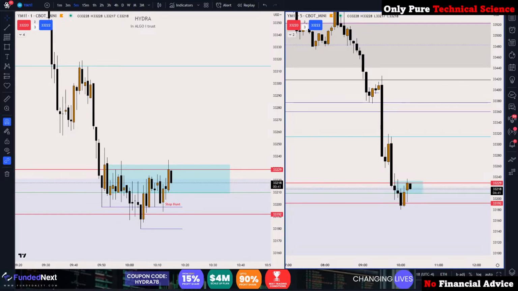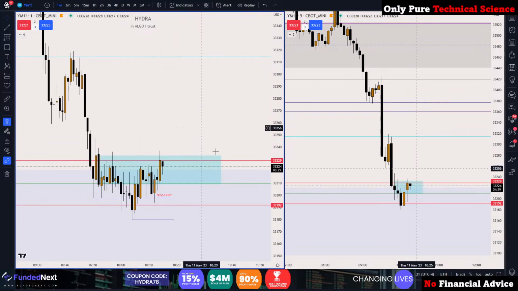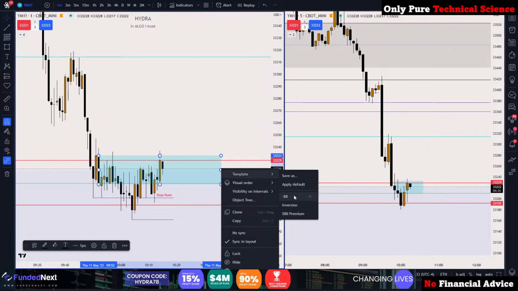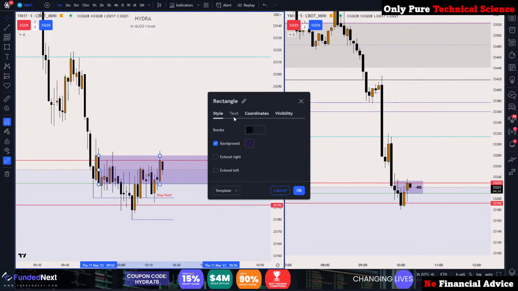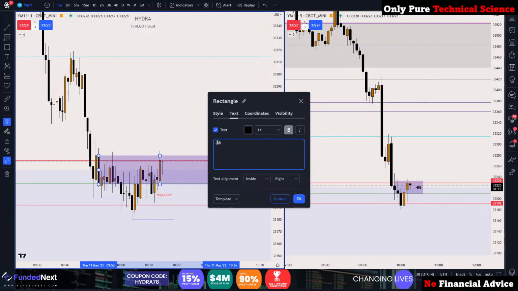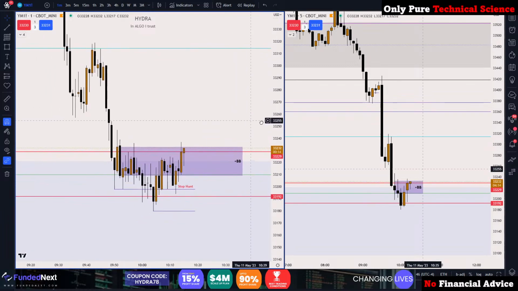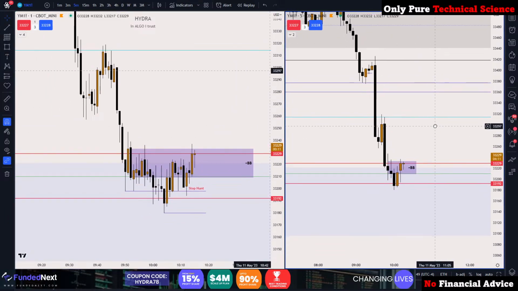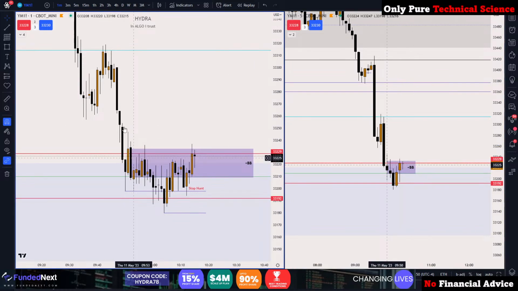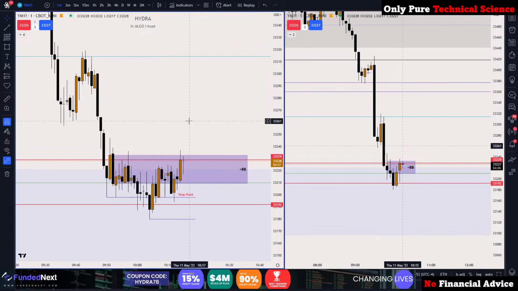The breaker block that I outlined on Nasdaq is still valid. So that's our breaker block for Dow on the 1-minute chart.